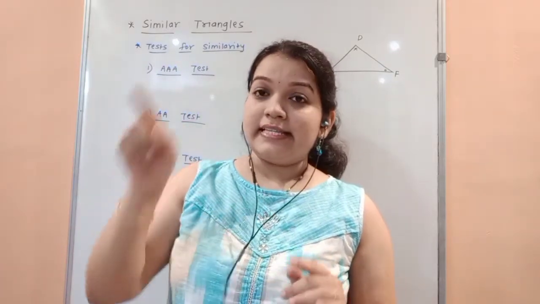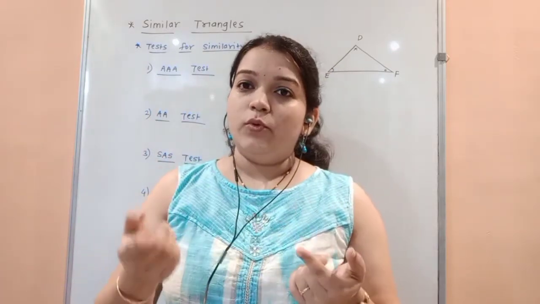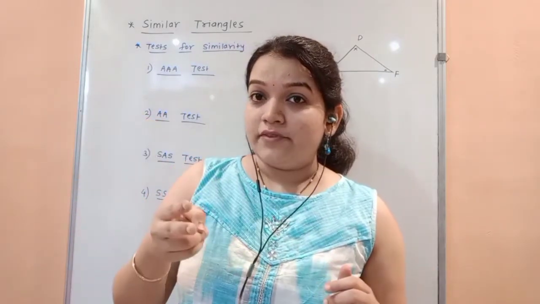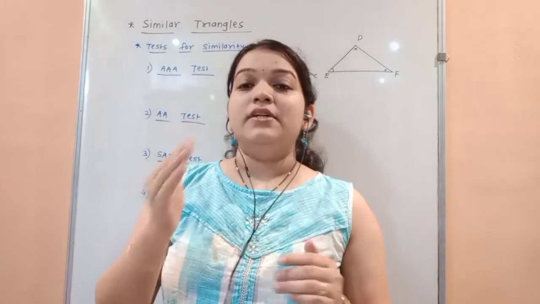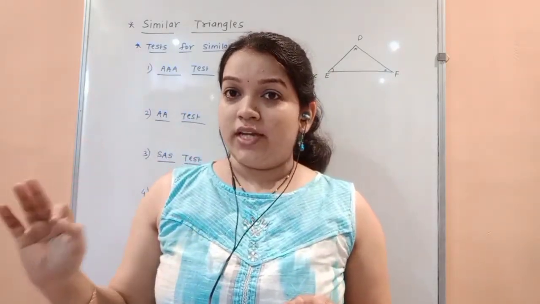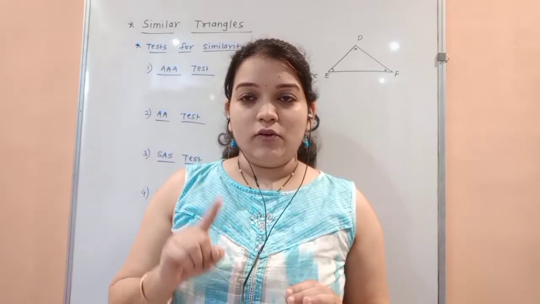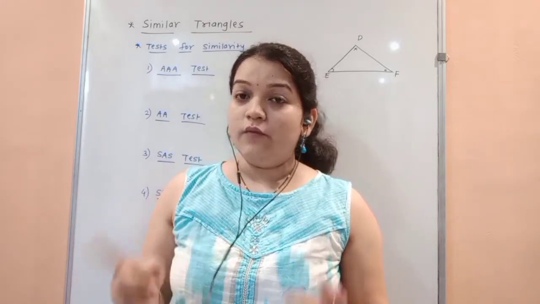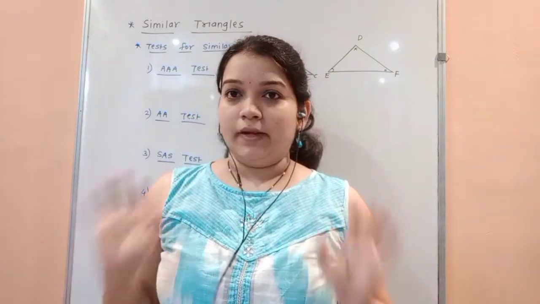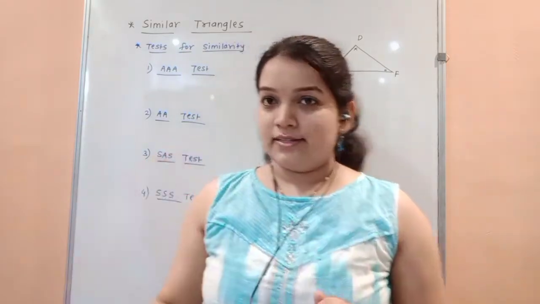The only difference is that in congruency we prove angles as well as sides congruent, but here angles are congruent and sides are in proportion. This is the only change. Is this clear to you? The rest is very simple. So let's get started.